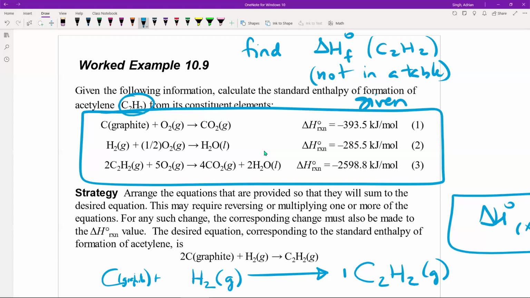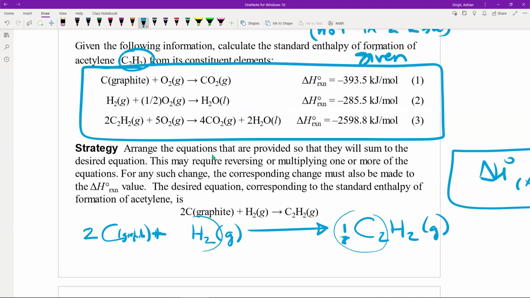So we have the basic equation written for the formation of acetylene, 1 mole of acetylene, right? So this number here has to be 1, which means we need to go and balance our equation now to make sure that we have 2 H's on the right, and 2 H's on the left. We have 2 carbons on the right, now we need to have 2 carbons on the left, so we need to put that 2 in front there to balance it.